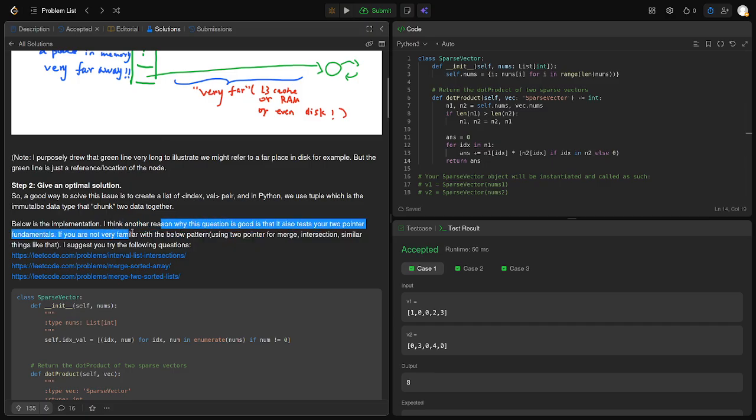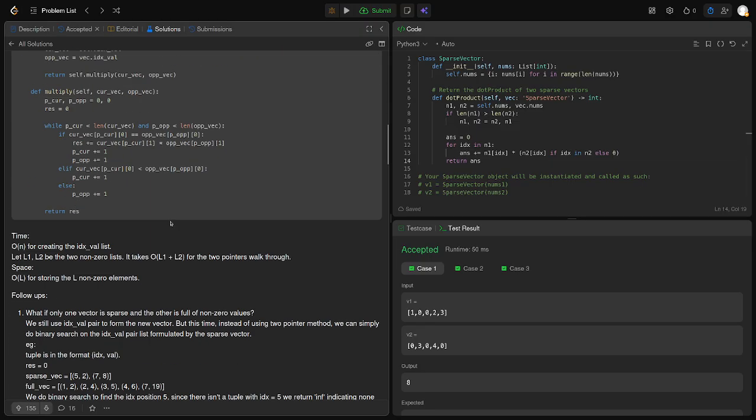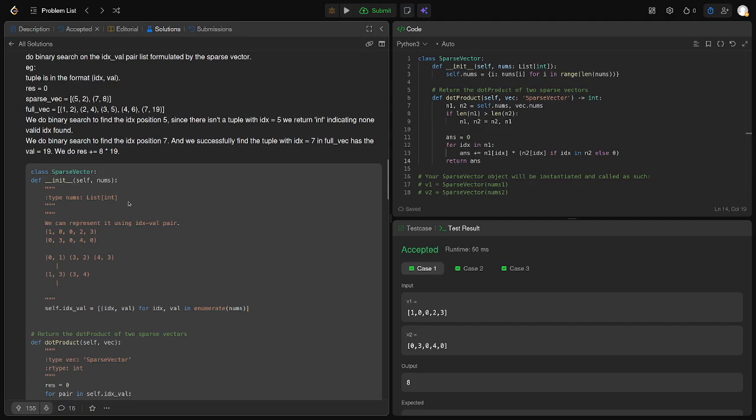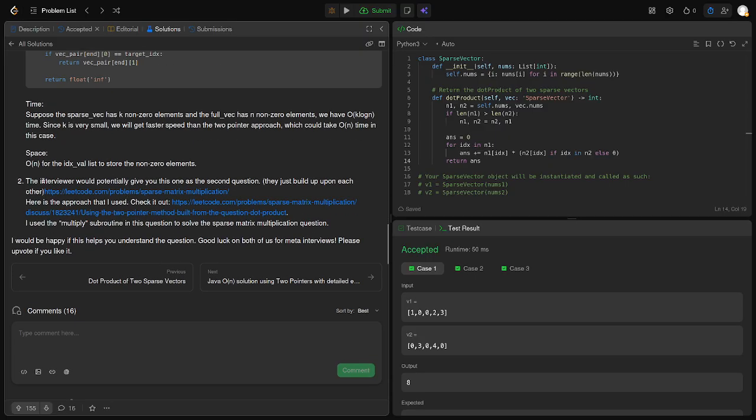Two pointer approach, follow-ups. Okay, that's interesting.